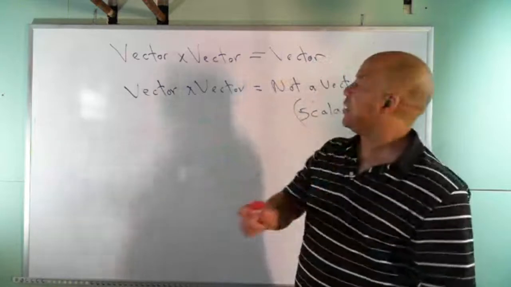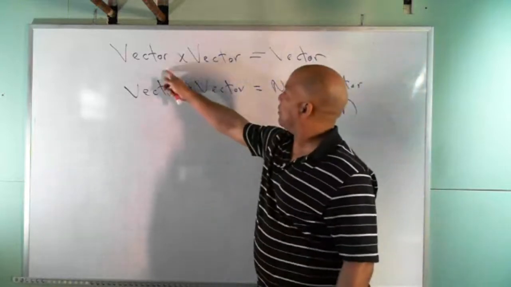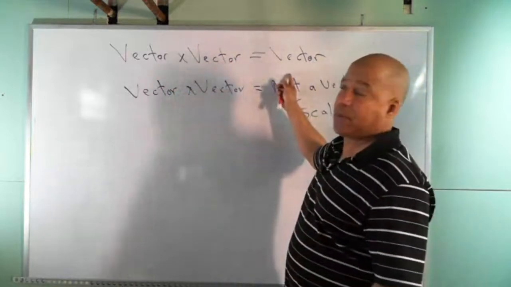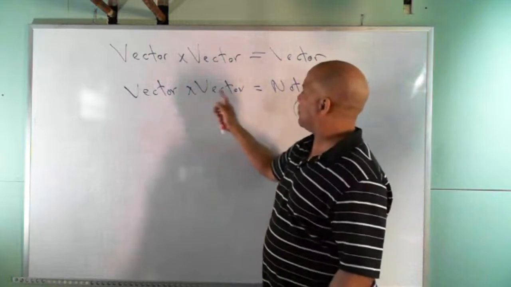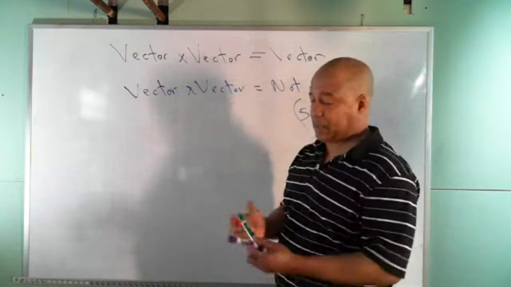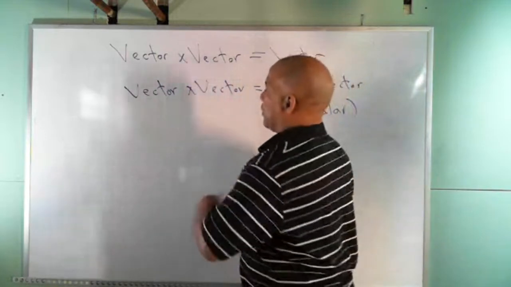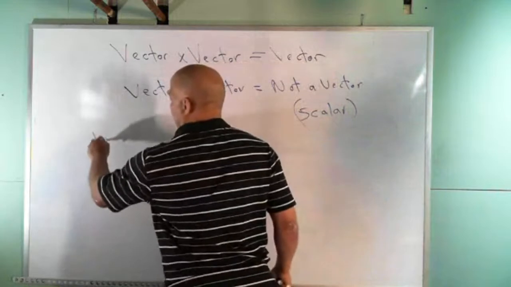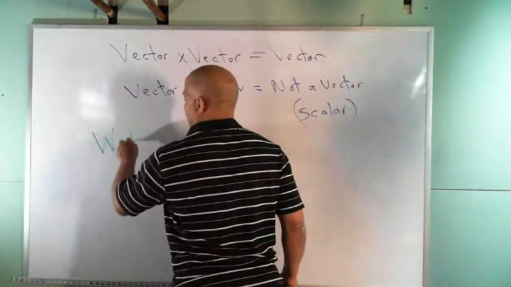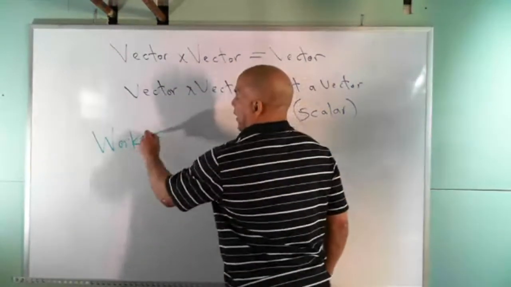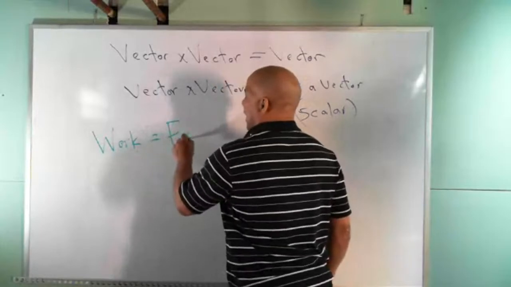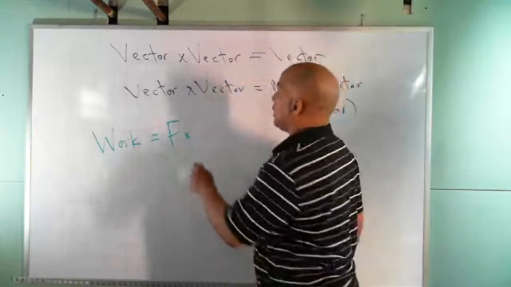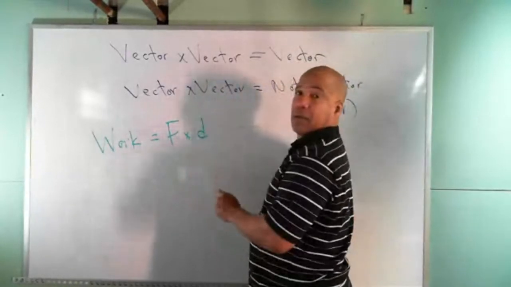But the point is this. Sometimes you multiply a vector times a vector and you get another vector. Sometimes you multiply a vector times a vector and you get something that's not a vector. For example, earlier in the semester, we talked about work. Work is force times, now we said distance, but it's really force times displacement.